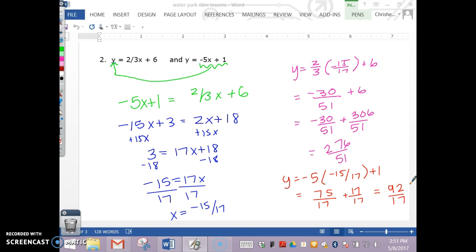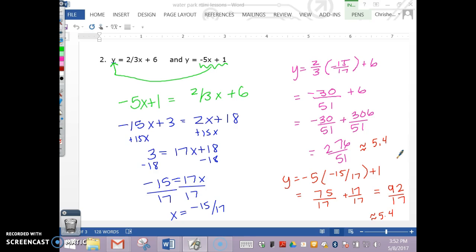All right, so let me go to my calculator. 276 divided by 51 is approximately 5.4. And 92 divided by 17 is 5.4. So these divided by 3 give you the 92 over 17.